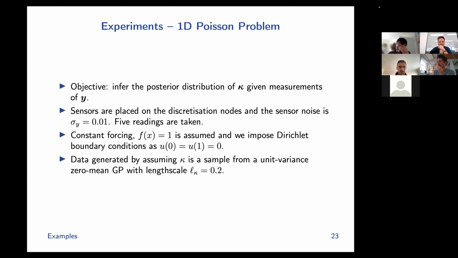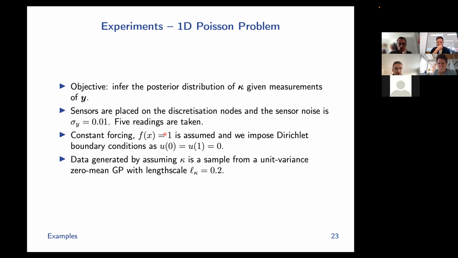As mentioned before, we are trying to infer the posterior distribution of kappa given measurements of y. This is a synthetic experiment. We put the sensors on the discretization nodes, the sensor noise is 0.01, and we take 5 readings from each sensor.